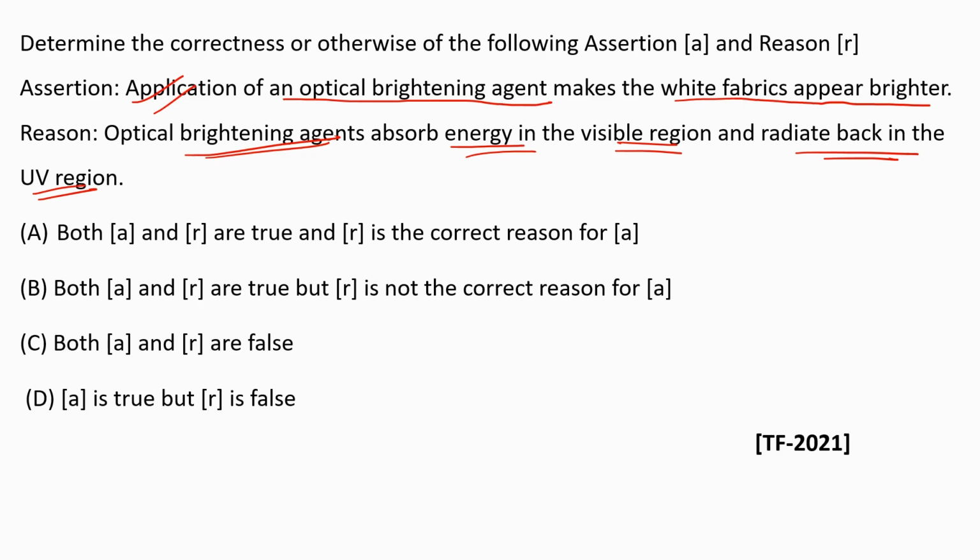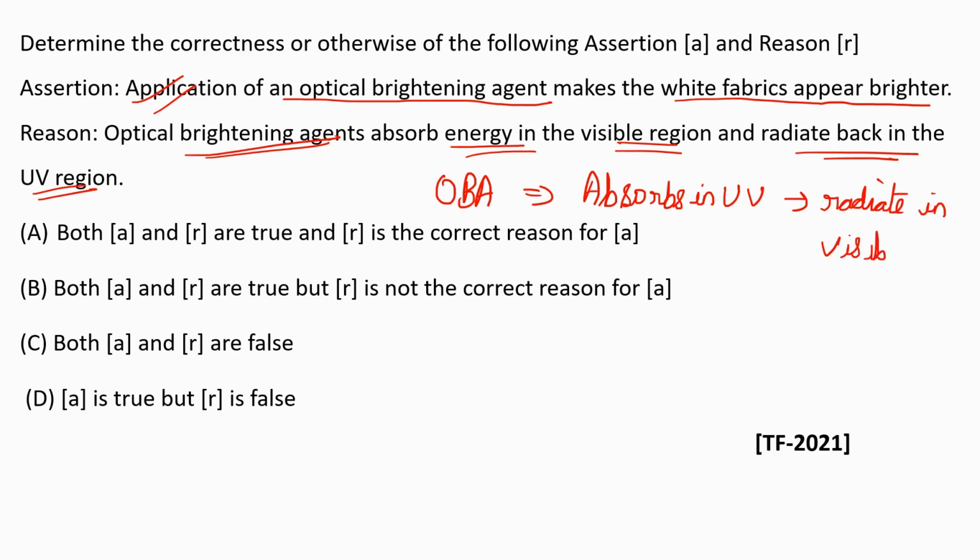If you know about the OBA system, it absorbs in the UV and radiates in the visible region, 400 to 700 nanometers.